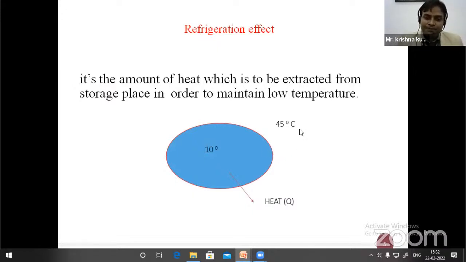Here you can see 45 degrees centigrade is the surrounding temperature and 10 degrees is in the space where we are maintaining the refrigeration effect or cooling. To maintain this 10 degree centigrade temperature, we need to remove some amount of heat from that space. That amount of heat is the refrigeration effect.